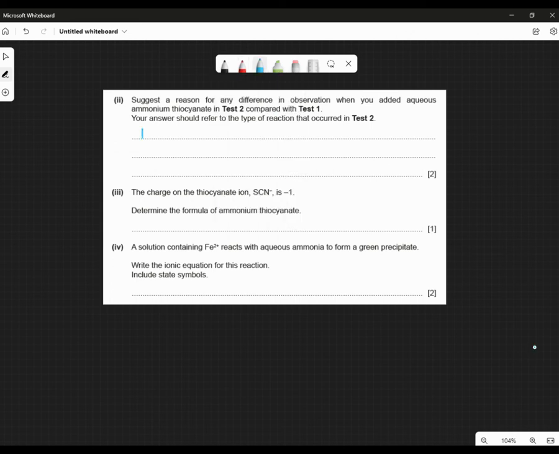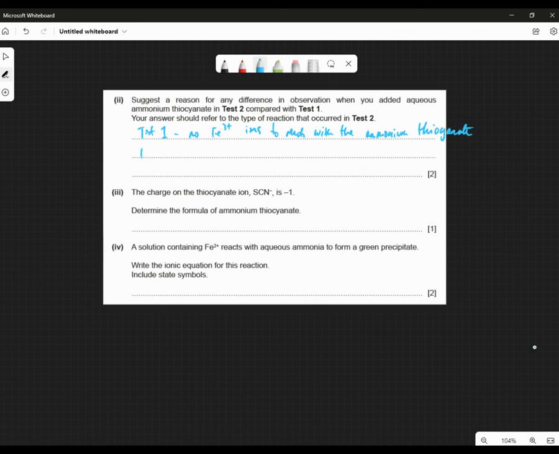In test 1, there were no Fe3+ ions to react with the ammonium thiocyanate.